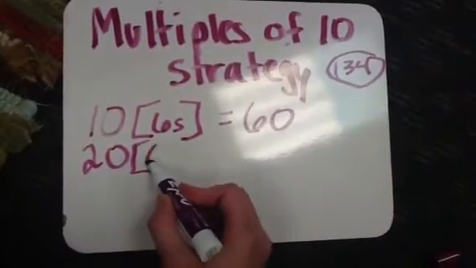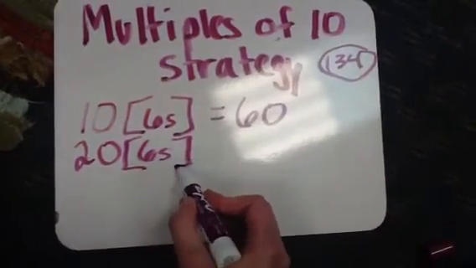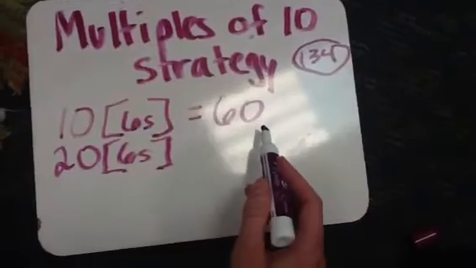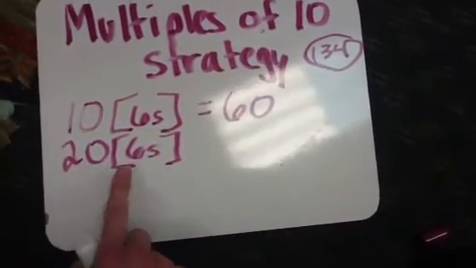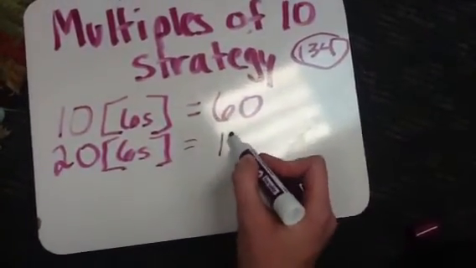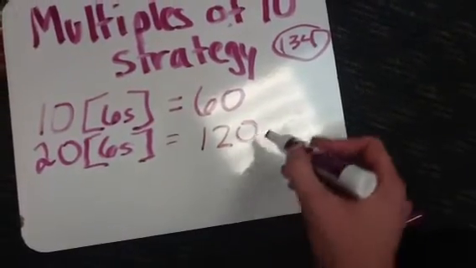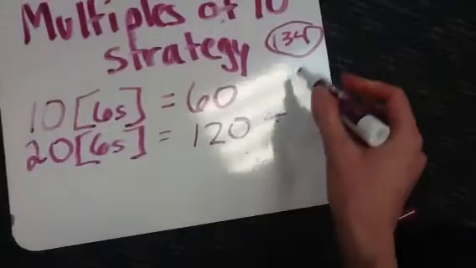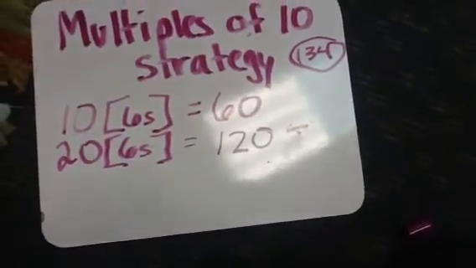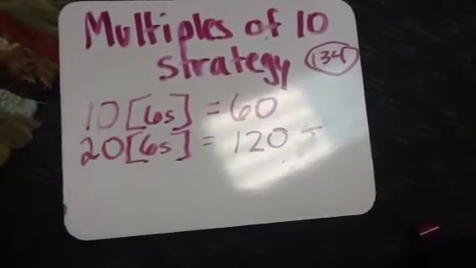Because I know my extended multiplication fact, this is really easy to do. 10 sixes was 60. 20 sixes is 120. 120 is pretty close to the number of chocolates I need to divide up into boxes.